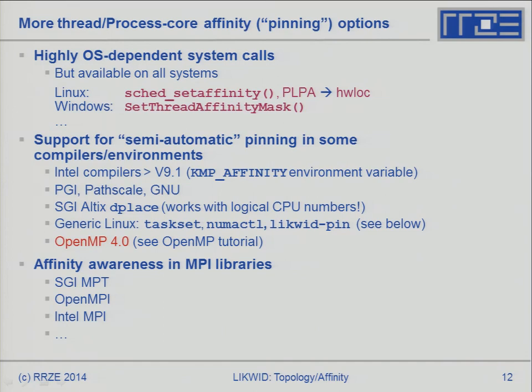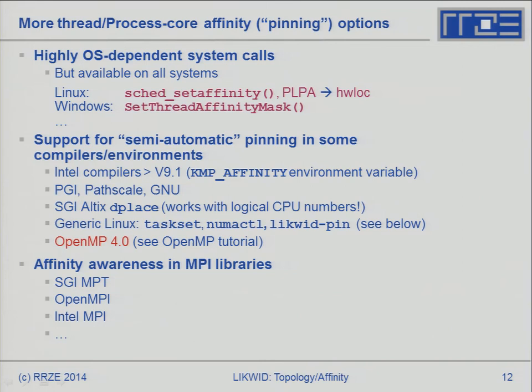Now, fortunately, compiler developers realized early that it's necessary to give the developer some way to enforce affinity, and so all modern compilers can do this. Intel compilers can do it starting with version 9.1. You use the variable KMP_AFFINITY, and it's very, very complex. I never understood it. It's really complex, but you can do all the things that you want.